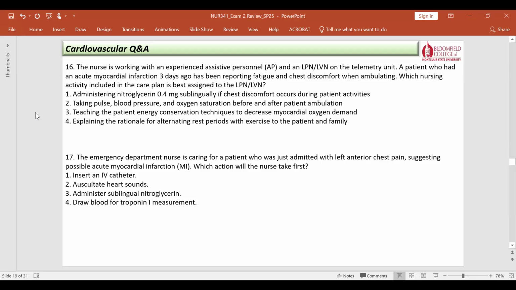The emergency department nurse is caring for a patient who has been admitted with left anterior chest pain, suggesting possible acute myocardial infarction. Which action will the nurse take first? Is it to draw the blood for the troponin measurement?